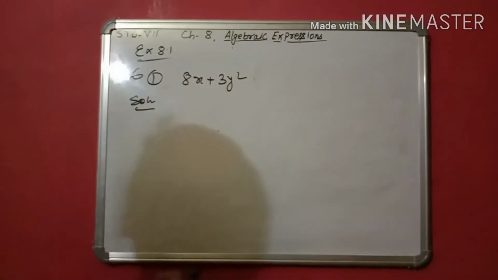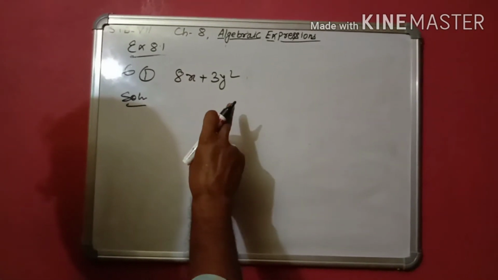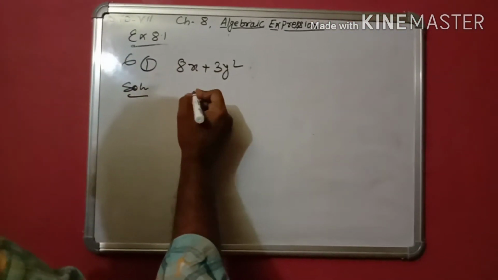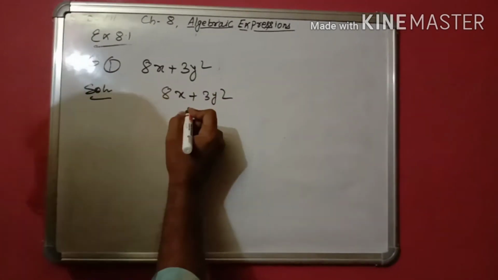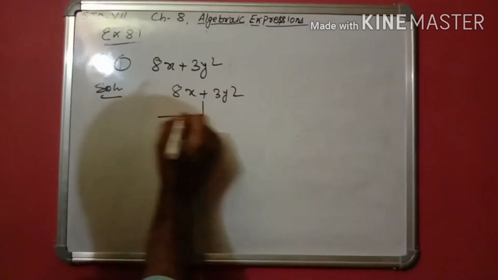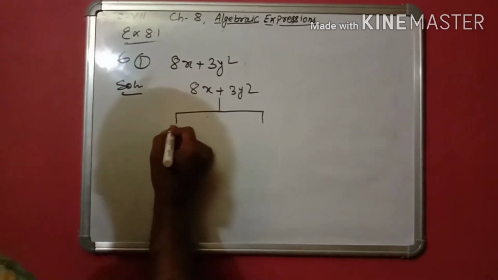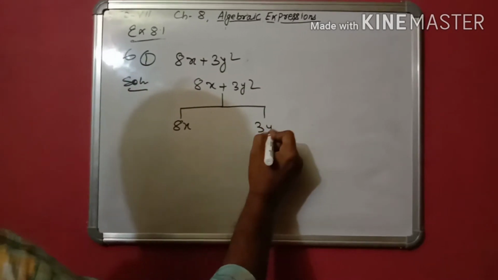Question number 6, it is given: show the terms and their factors by a tree diagram. So this is your tree diagram, for 8x plus 3y square. We have to make a tree. First of all you have to make the separate terms. The terms are 8x and 3y square.